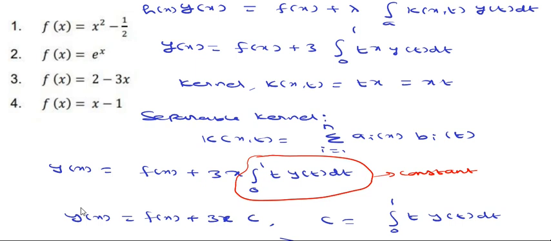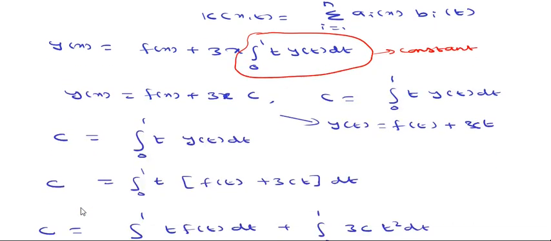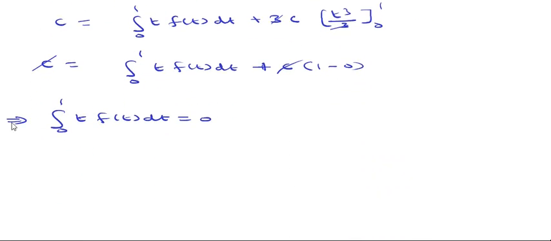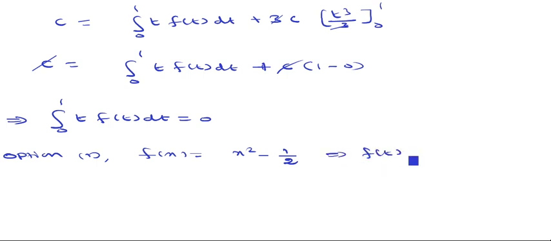The first function, let us take f of x equal to x square minus 1 by 2. So option 1, f of x is equal to x square minus 1 by 2. This gives f of t as t square minus 1 by 2. Let us consider this as equation 1.